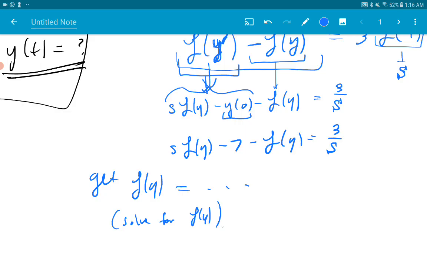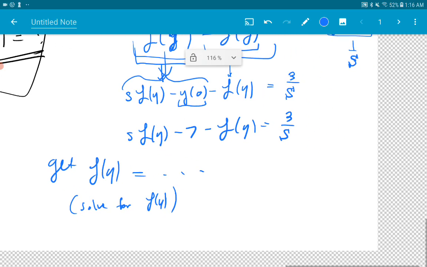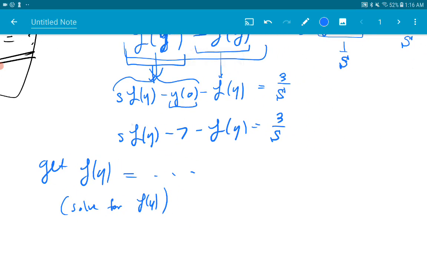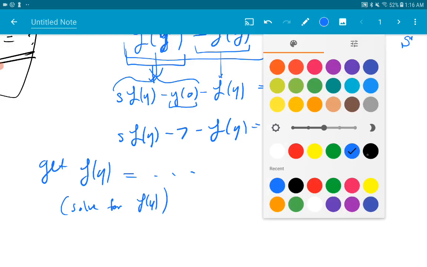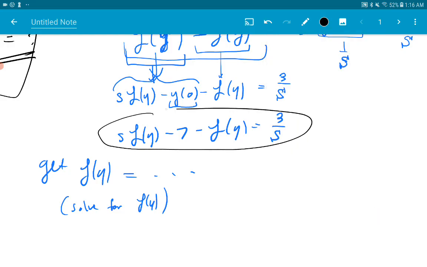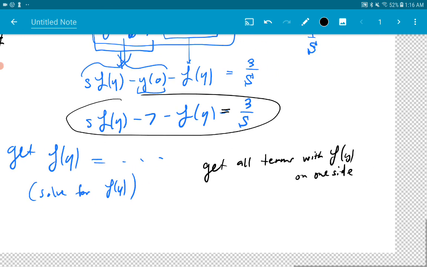Okay. So this is just an algebra skill. Here's the trick. When you have a bunch of things in a bunch of different terms in an equation and you want to solve for one specific thing, get all terms that have an L of y in them on one side of the equation. It looks like we're going to get them on the left side since they're already mostly there.